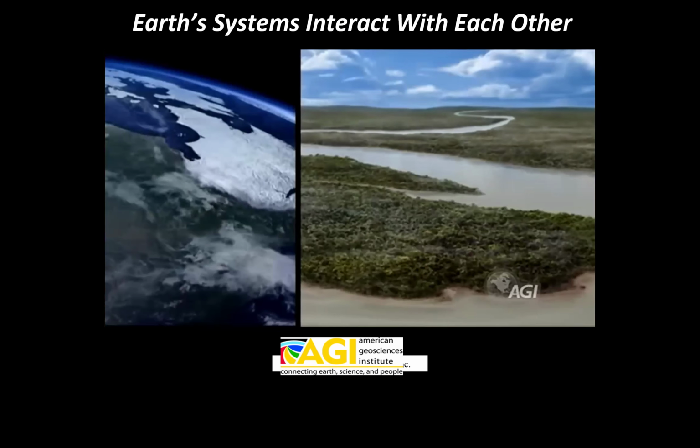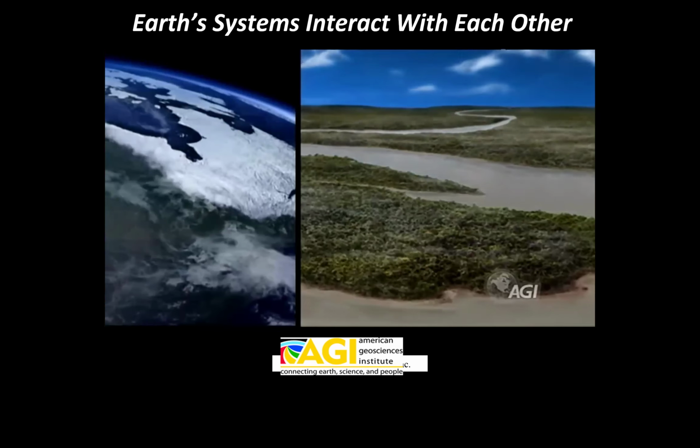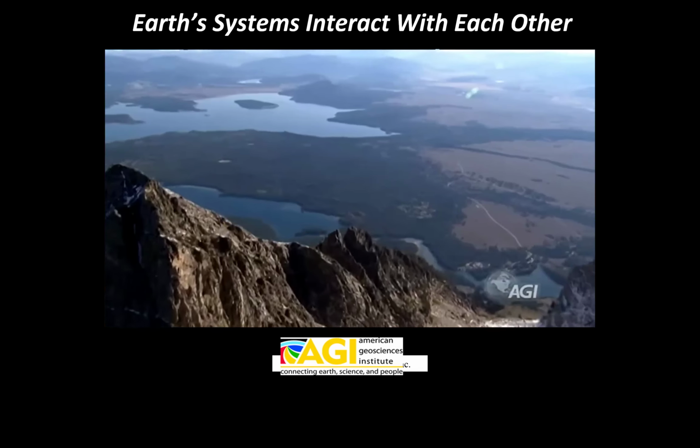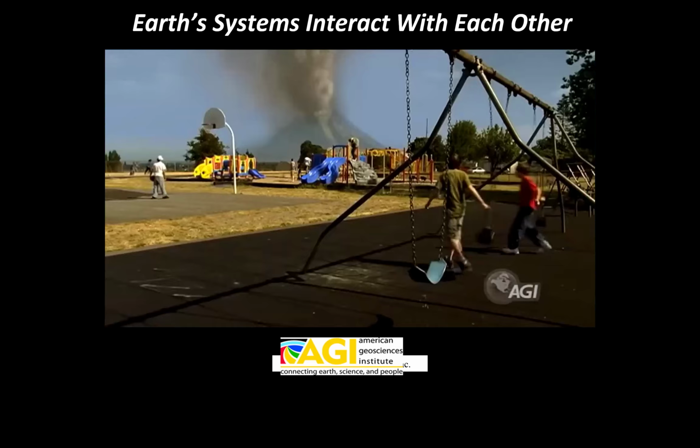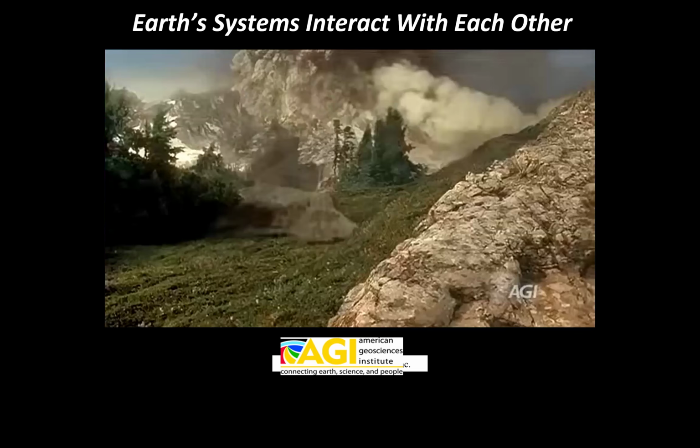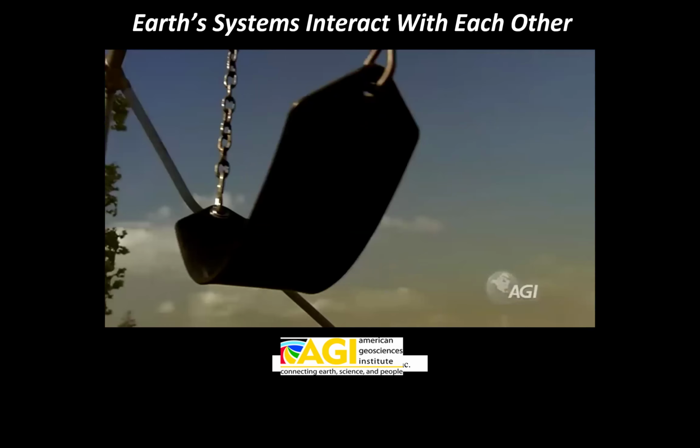Earth's systems are dynamic. They continually react to changing influences. Parts of Earth's systems seem stable. Some change over very long periods of time, while other parts can change very quickly and have a major impact on living things in the biosphere.